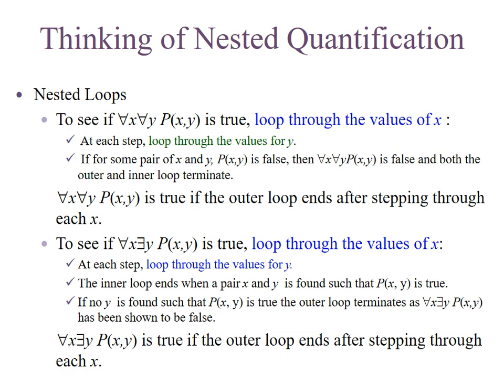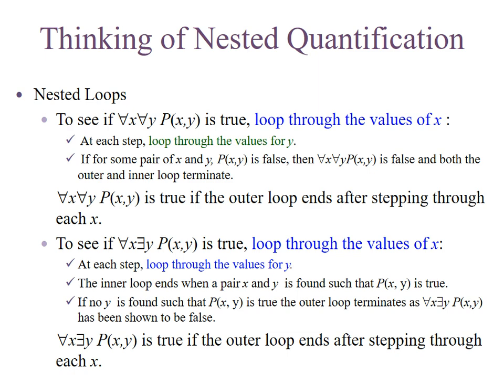Methodology. If we have for all x, for all y, that means you need to examine every element within the domain to see if for all x, Q of x is true or not. In this case, Q of x is for all y, P of x, y is true. So suppose you select one element x, and then you need to examine for all y whether P of x, y is true.